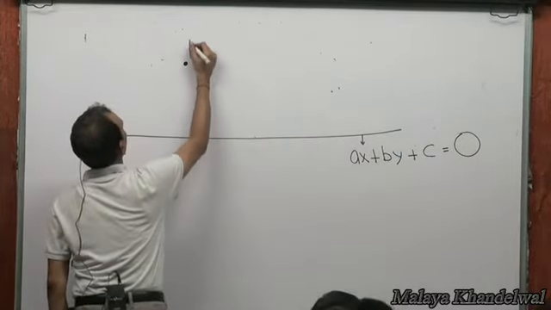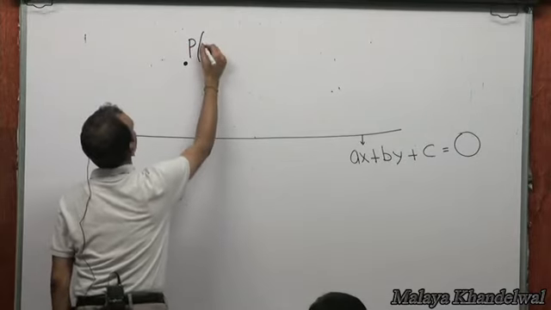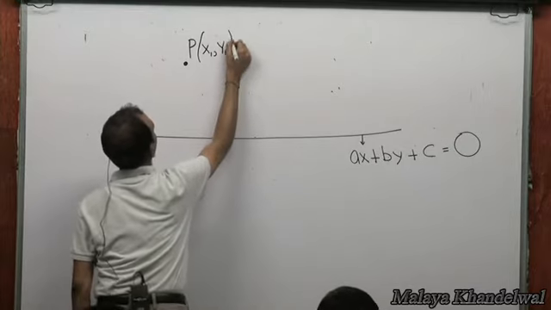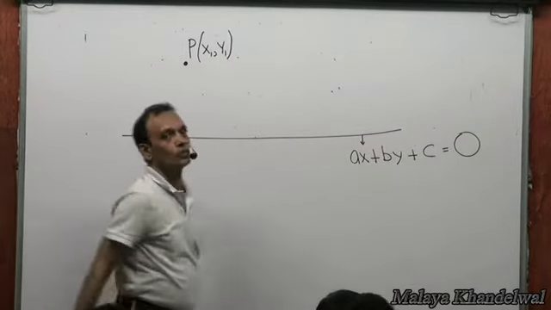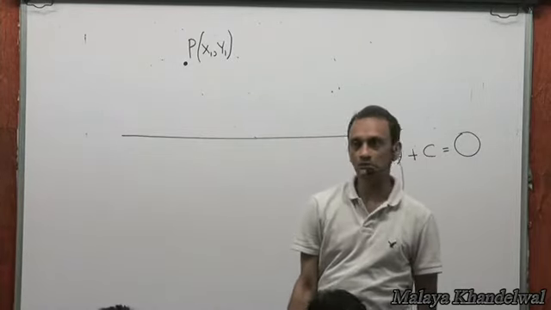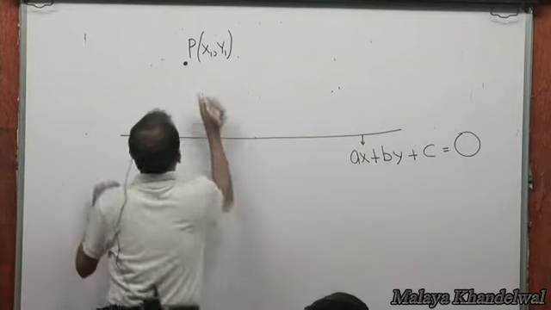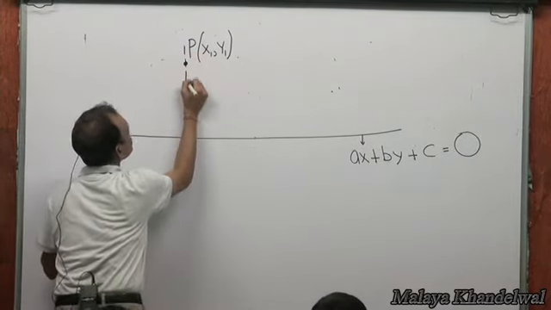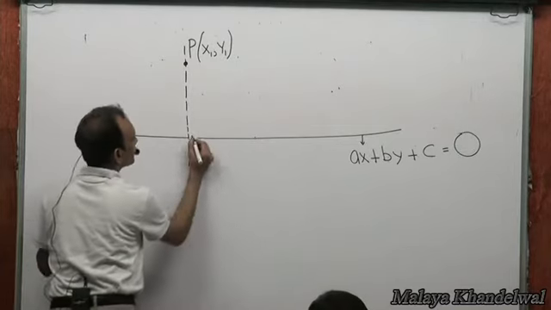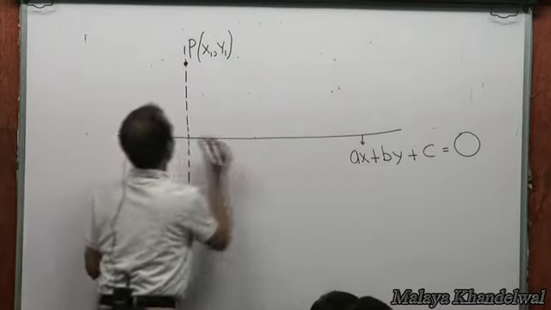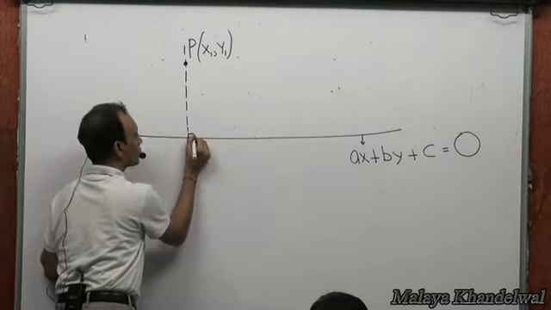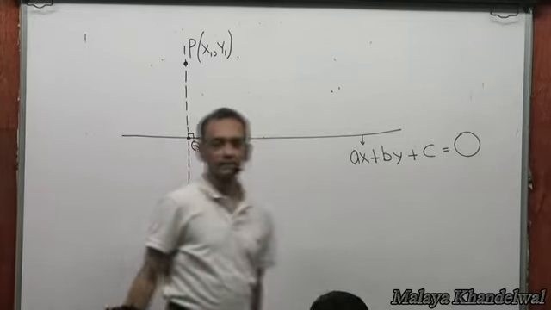And there is a point P, say (x1, y1), not lying on the line, right? And I want to be able to find the perpendicular distance of P from this line. Clear?